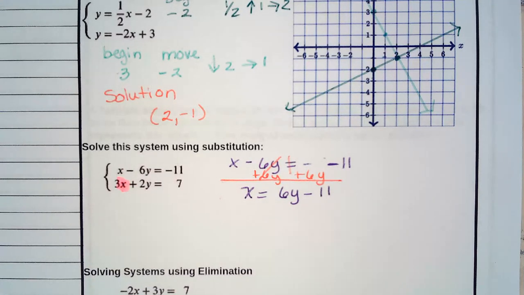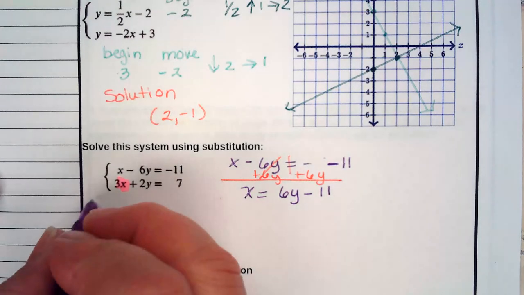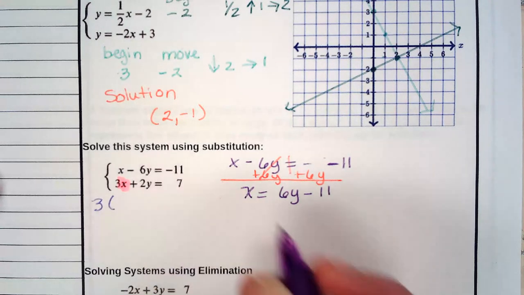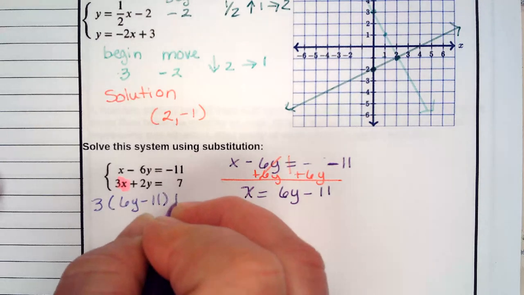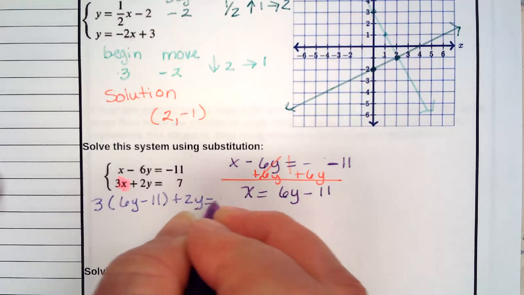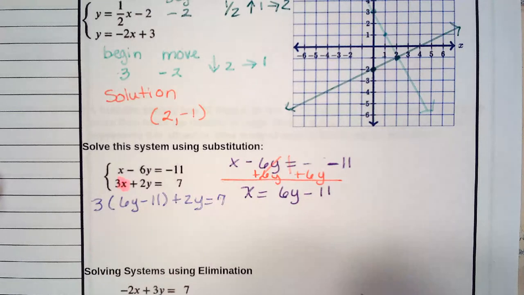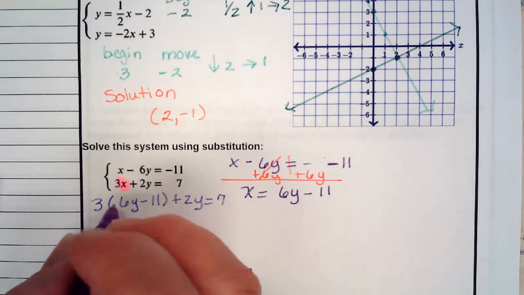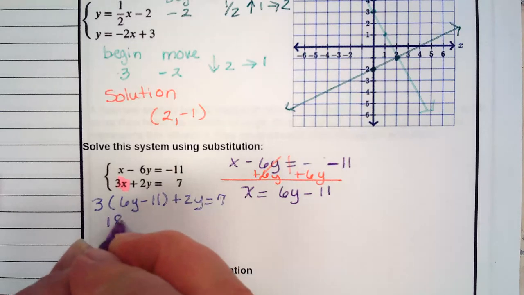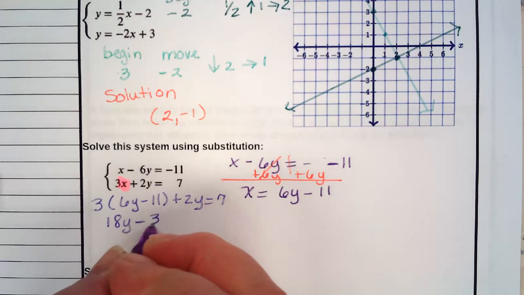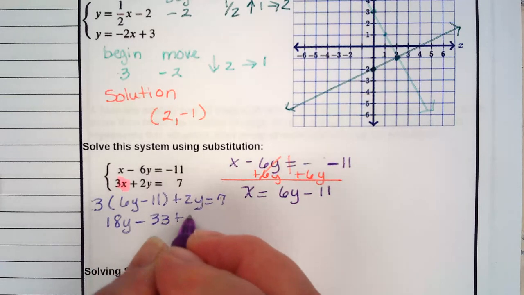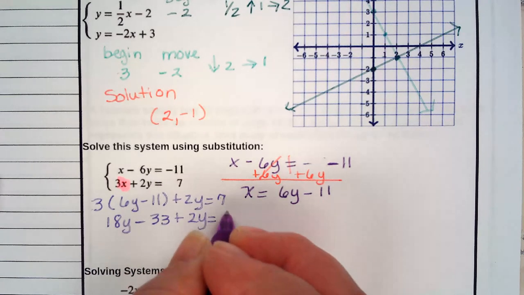So as I substitute in, 3 times 6y minus 11 plus 2y is equal to 7. Distribute. 3 times 6y is 18y, minus 3 times 11 is 33, plus 2y is equal to 7.